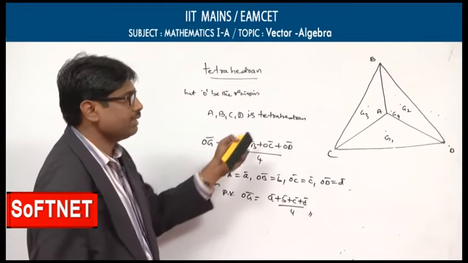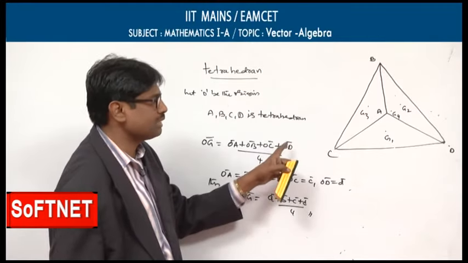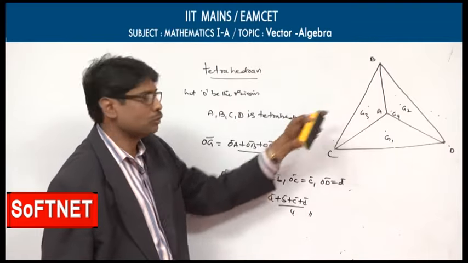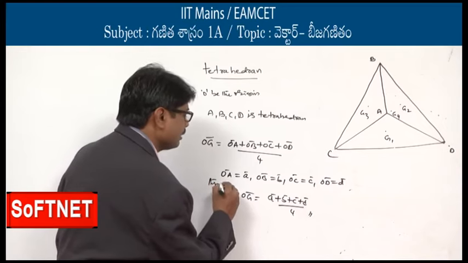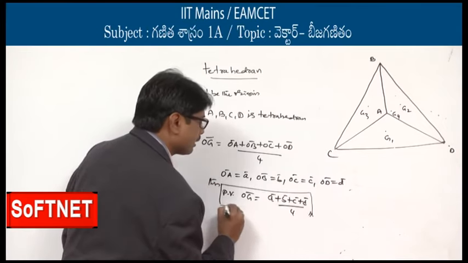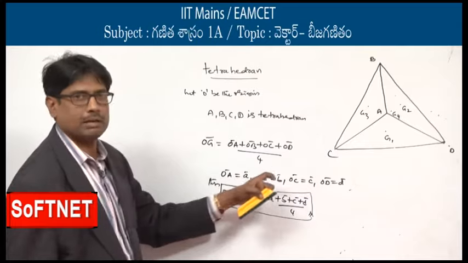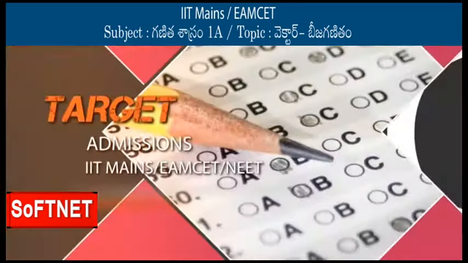The earlier proof we did for the triangle, taken in the ratio 3:1, shows that the medians are concurrent, and the point of concurrence of the medians in the tetrahedron is the centroid, A bar plus B bar plus C bar plus D bar divided by 4.